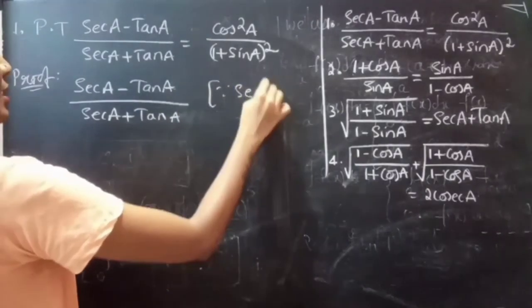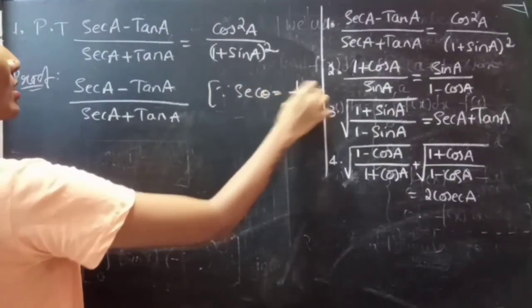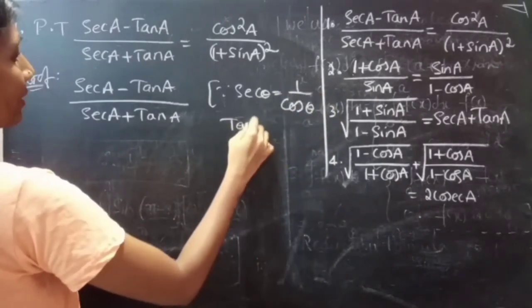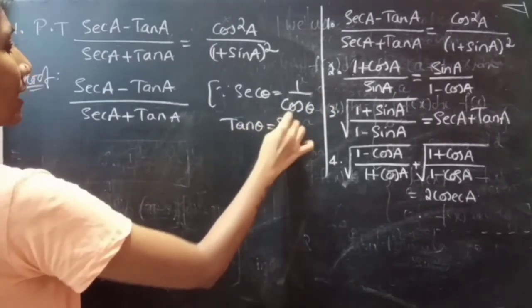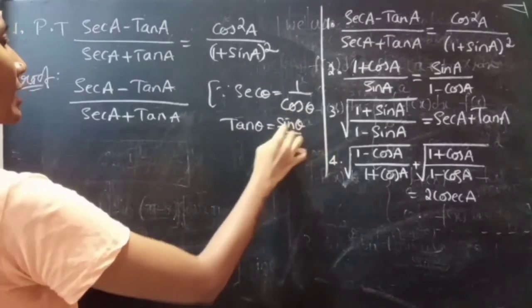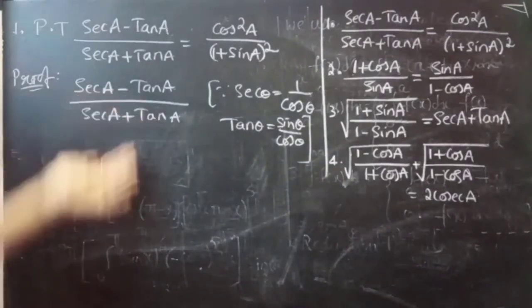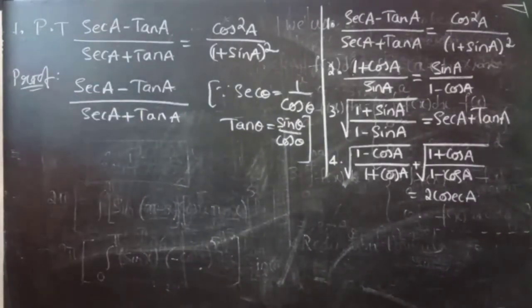Since secant theta is equal to the reciprocal of cos theta and tan theta is equal to sin theta by cos theta, we are going to replace everything and change it in terms of sine and cos.